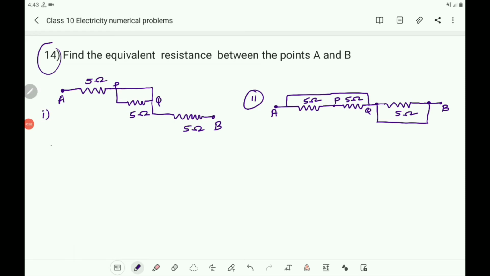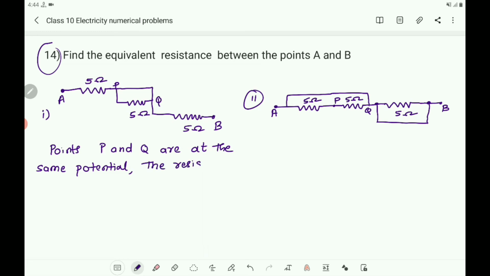So you write that points P and Q are at the same potential. The resistance 5 ohm between P and Q is ineffective.